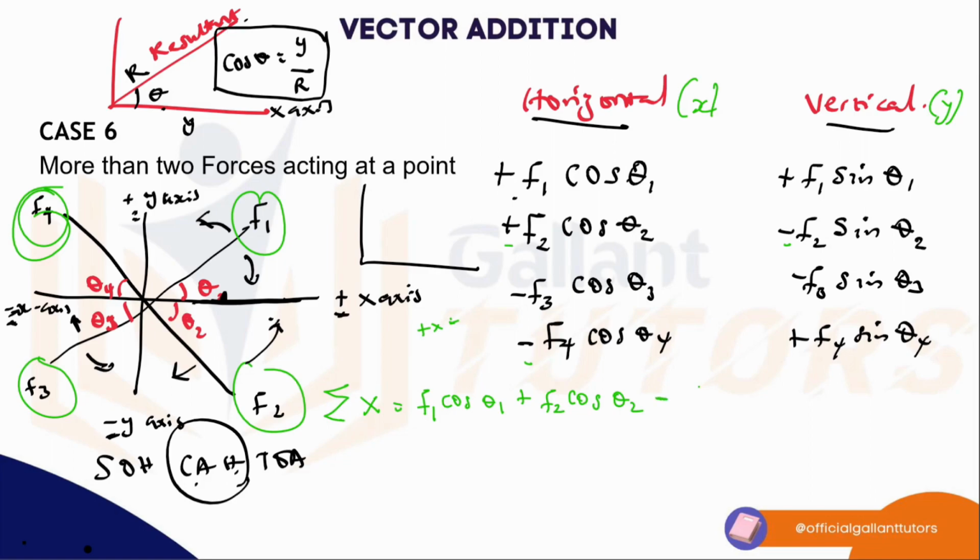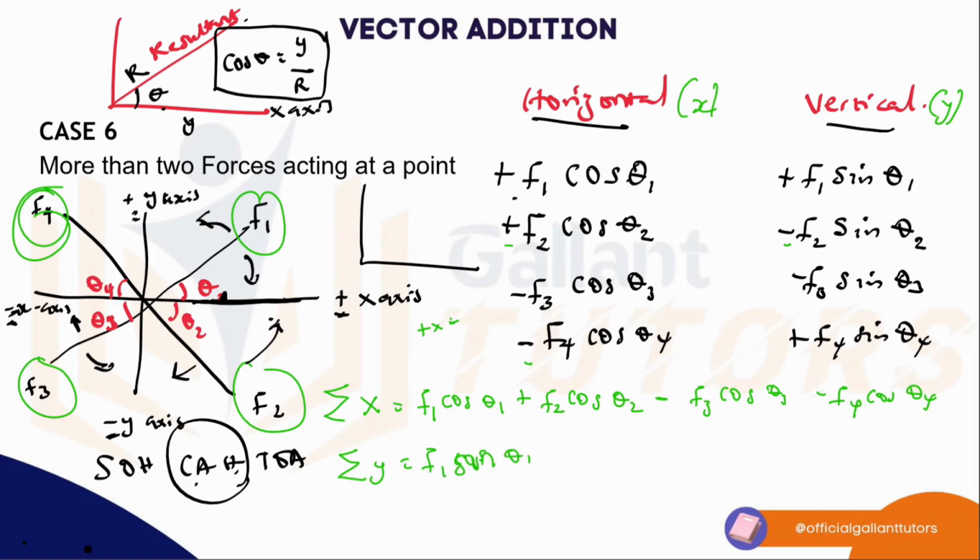Minus. So minus f3 cos theta 3 minus f4 cos theta 4. Is that clear?